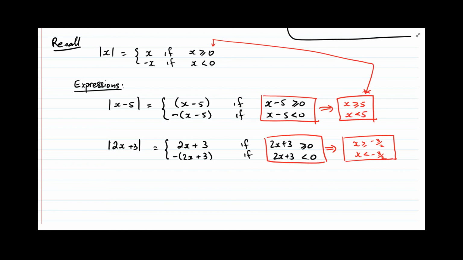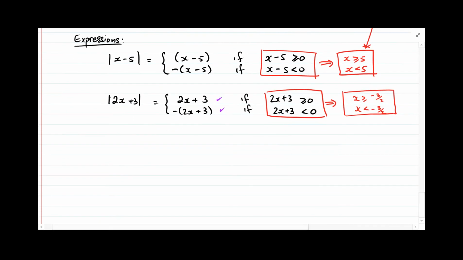You should have that the key point, instead of moving from 0, you now have x is greater than or equal to negative 3 over 2, or the other part of the half line, x is less than negative 3 over 2. Right? But the key point was that once I have the absolute value, there are 2 parts to it.